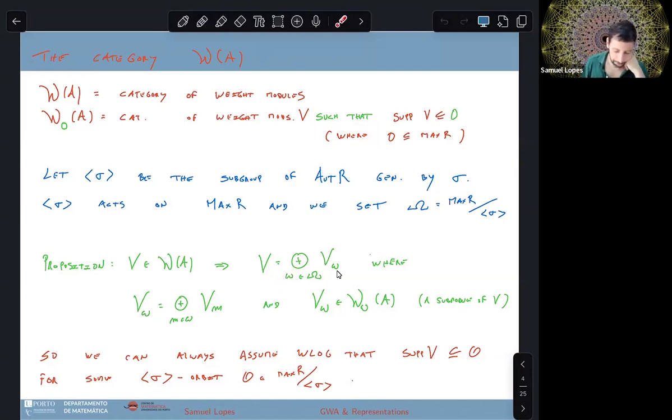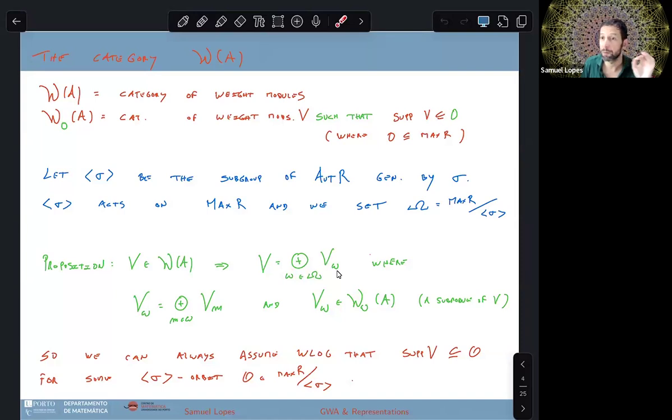Okay, so our first result is that if I have a weight module, I can write it as a direct sum of certain things. And let me explain these things and what they are. For each orbit, so now omega is not a maximal ideal, it's a set of maximal ideals. It's an orbit of maximal ideals. So for each orbit, I have a direct summand, which I'm calling V omega, and this V omega is really a submodule.